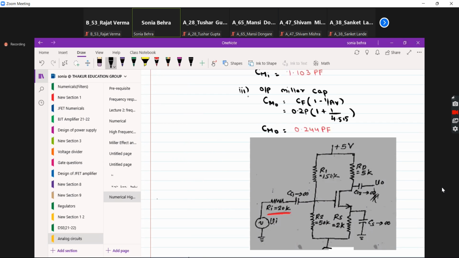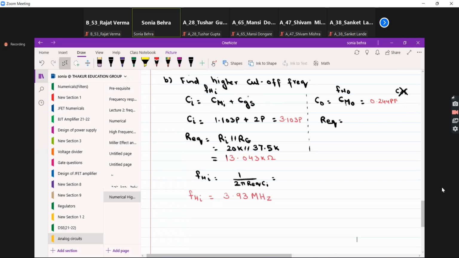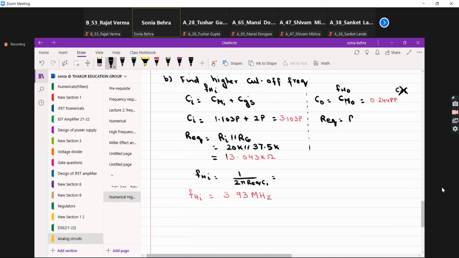So you only have RD present over here. So R equivalent is nothing but RD. RD is given as 5K. So you got R equivalent, you got CO.